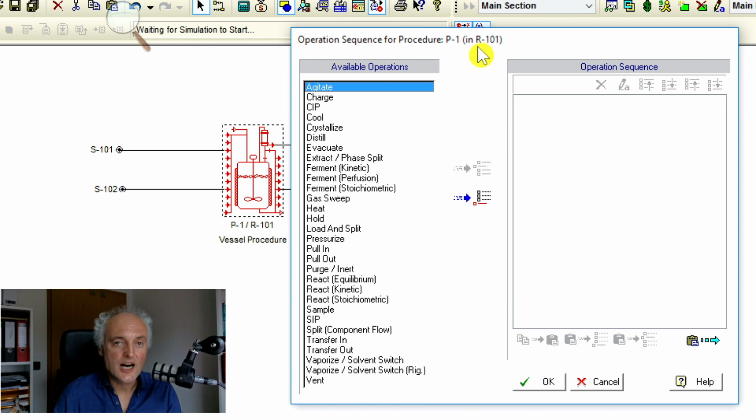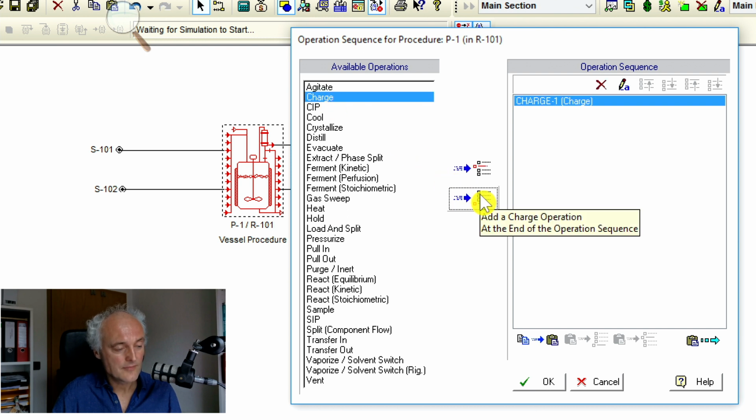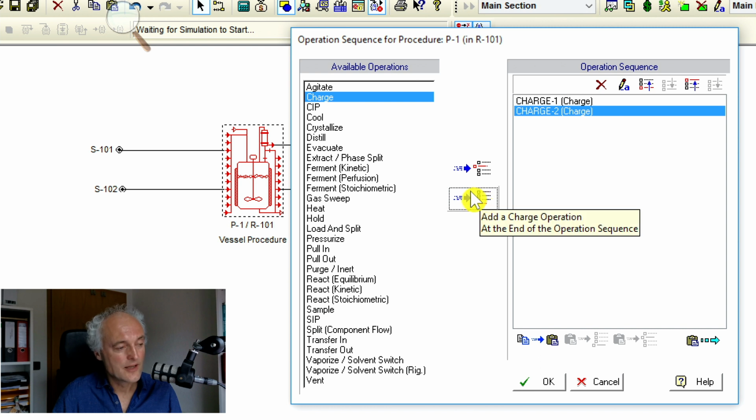We need to charge the sodium carbonate. They need to react, and then we need to transfer out. So we add one charge operation, and we add another charge operation. We need to charge two things. For each stream, we add a charge operation.